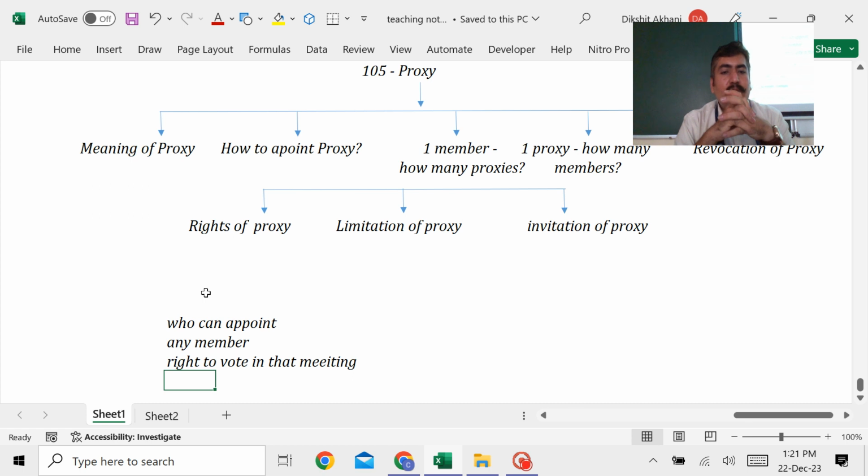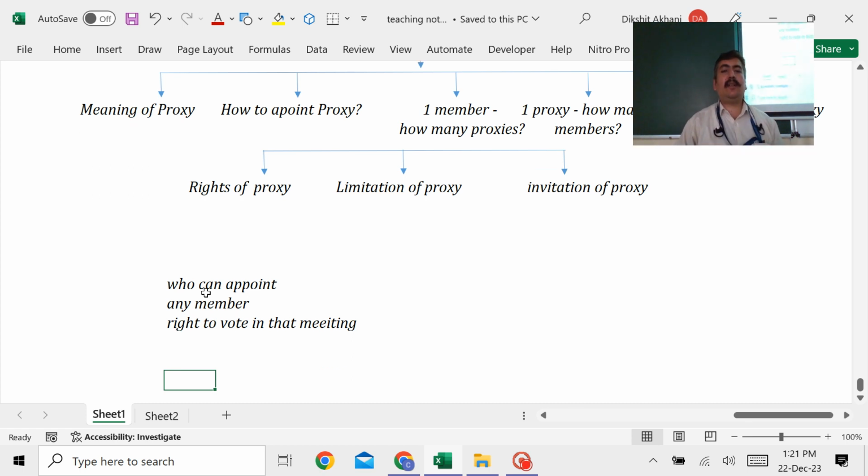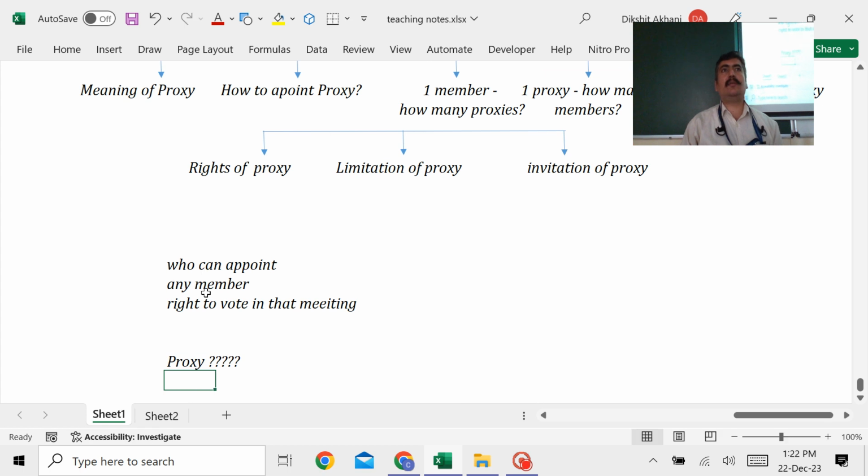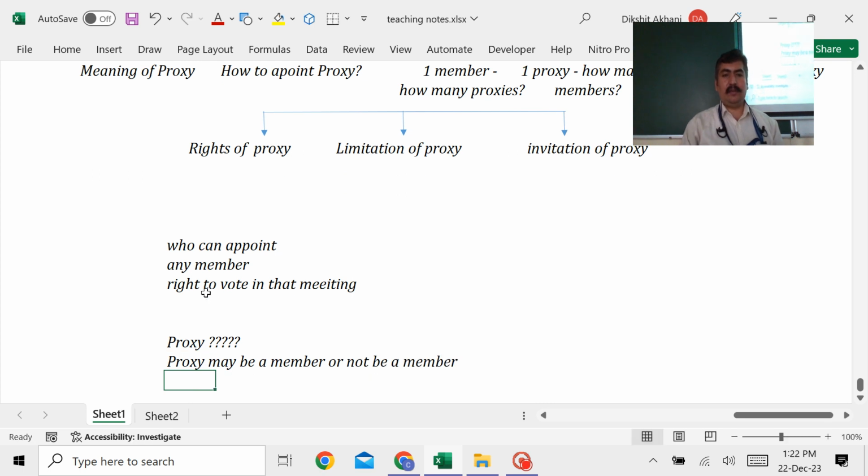Now another question comes which is very interesting: is it compulsory that proxy must be a member? No. Proxy needs to be a member all the times? No. So proxy may be a member or may not be a member.